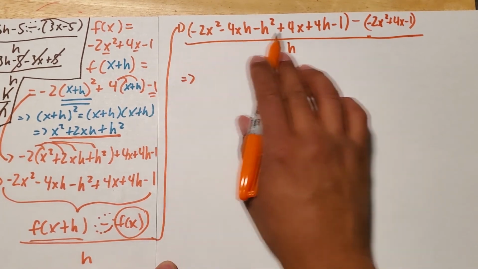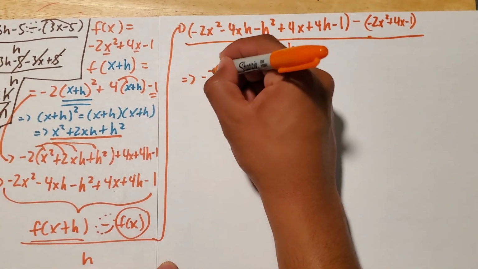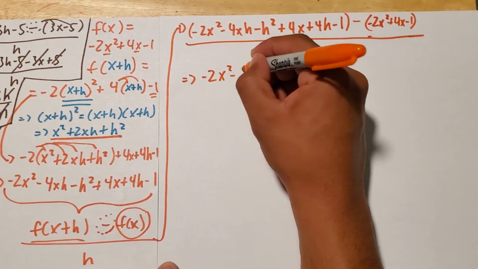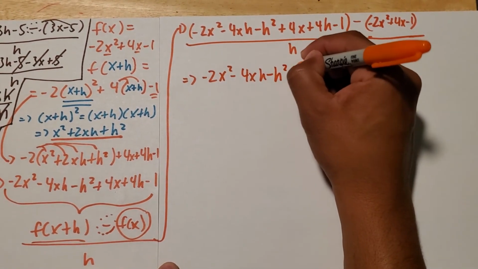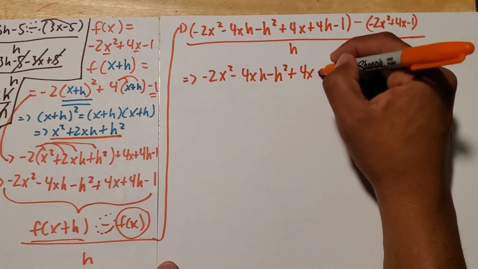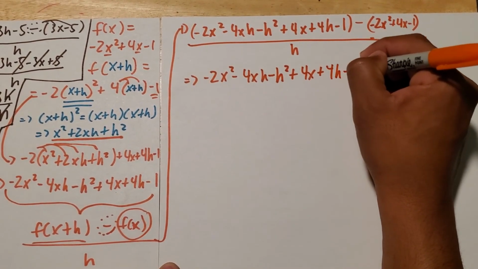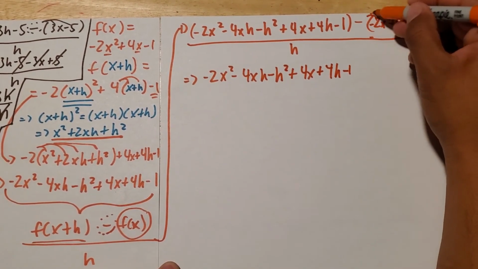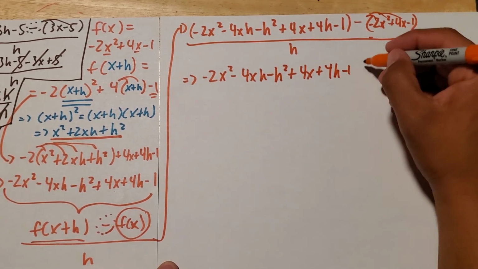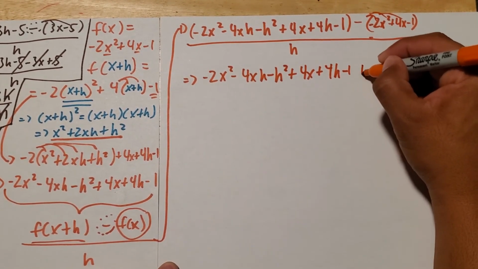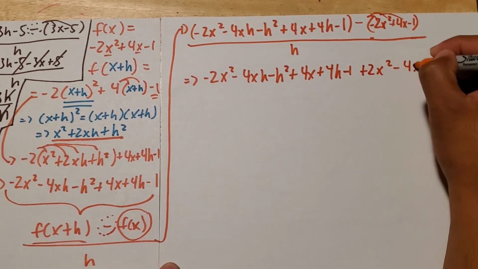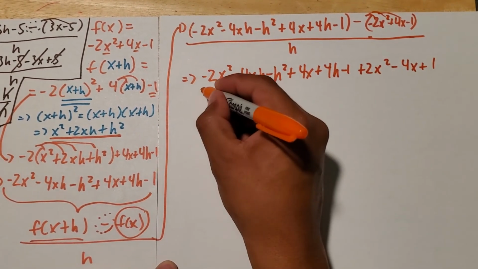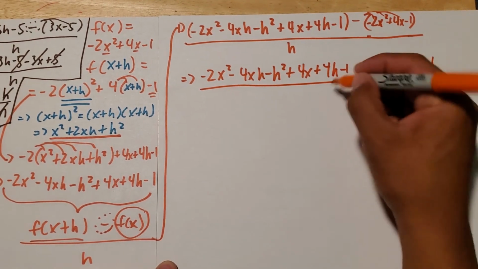So then this is going to simplify to negative 2x squared minus 4xh minus h squared plus 4x plus 4h minus 1. We have to distribute this negative through, which is going to give me plus 2x squared minus 4x plus 1, all over h.